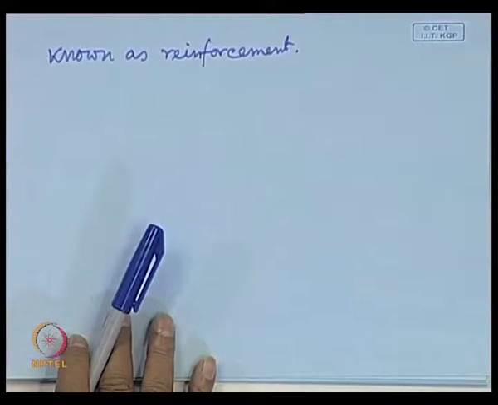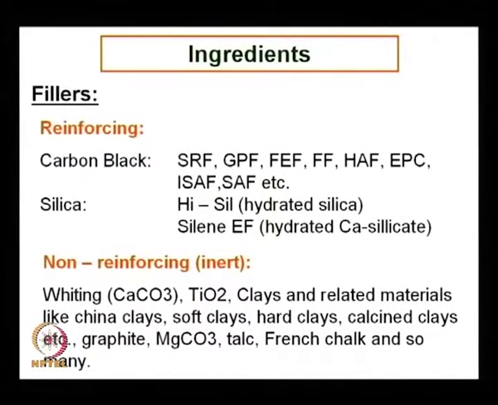The examples are here, you see: calcium carbonate, titanium dioxide, various clays, different grades of clays available in the market, commercial clays, China clays, soft clays, hard clays, calcined clays, graphite, magnesium carbonate, talc, French chalk. These are used as inert fillers, and it is good for their dispersion if they are modified with some organic material, then it becomes easy for incorporation and dispersion in a rubber compound.